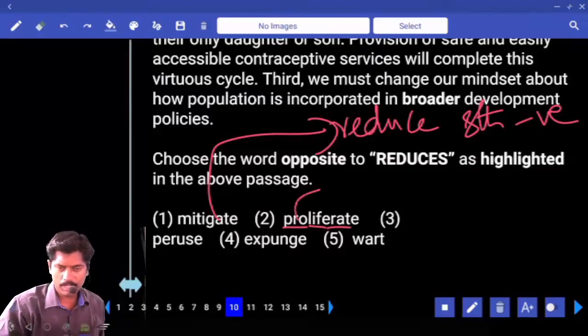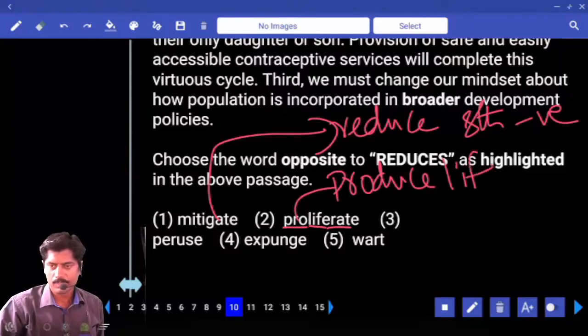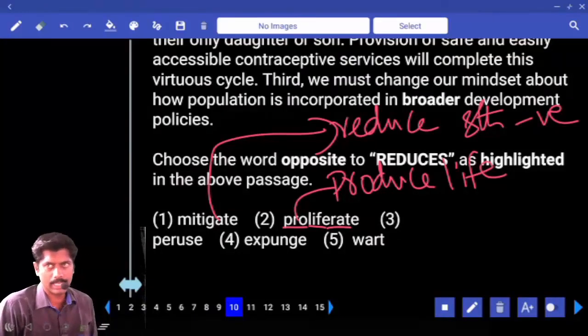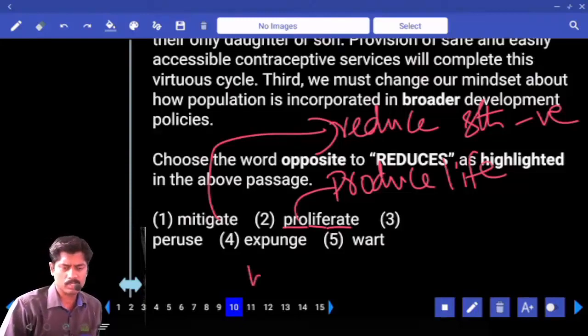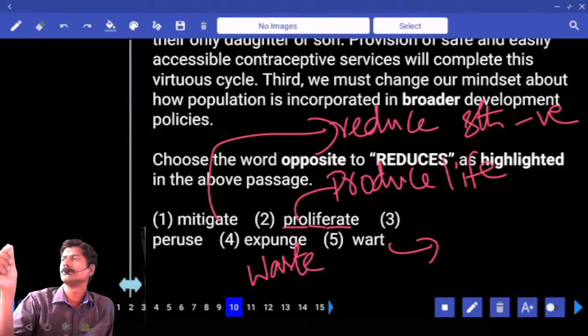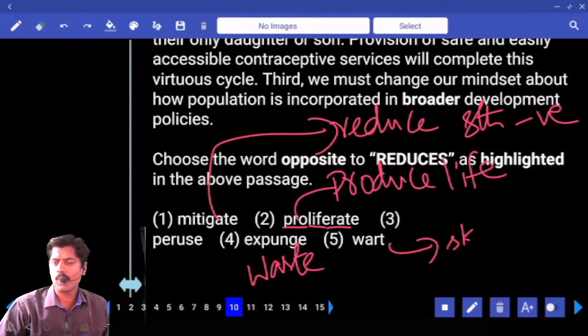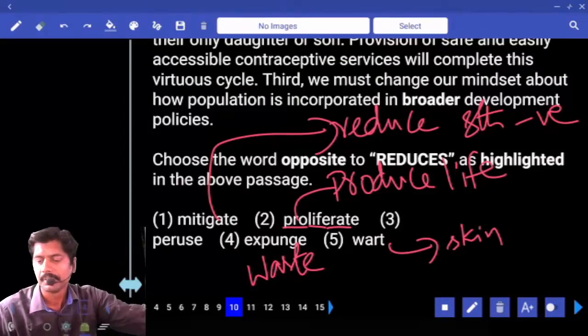Proliferate: pro means producing, life means life. Producing life is proliferate. It's a kind of increase, plenty. Peruse means kind of continue. Expunge means waste. Wart is nothing but a kind of body part that enlarges. On the skin, sometimes some extension will happen.